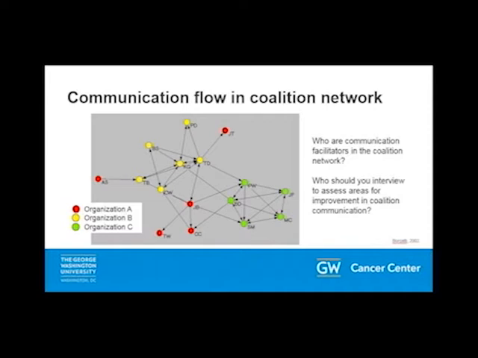On the other hand, you can see organization C in green right here are very well connected, and they're a very tight network because they send information to each other very well and receive information from each other.